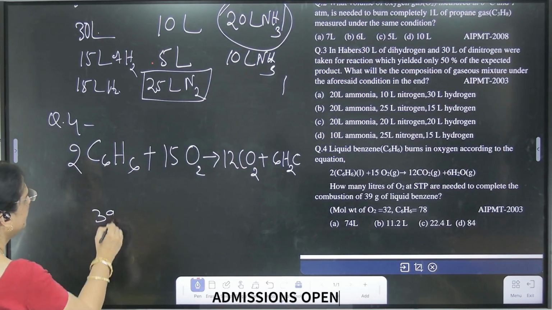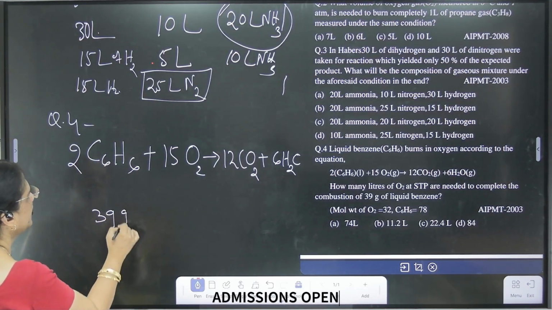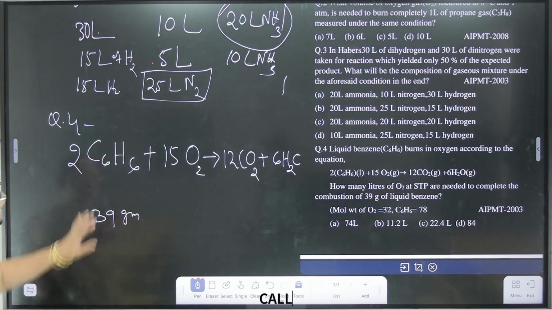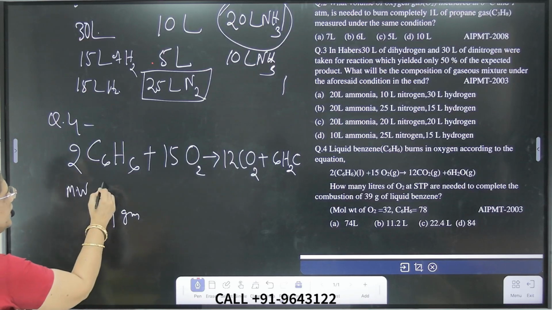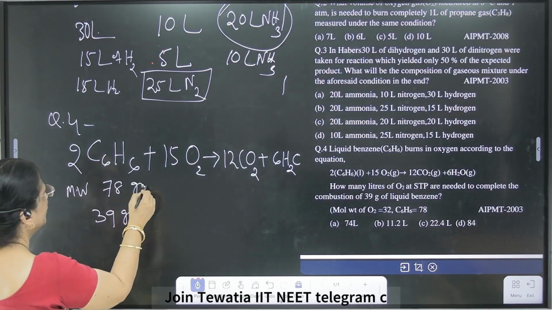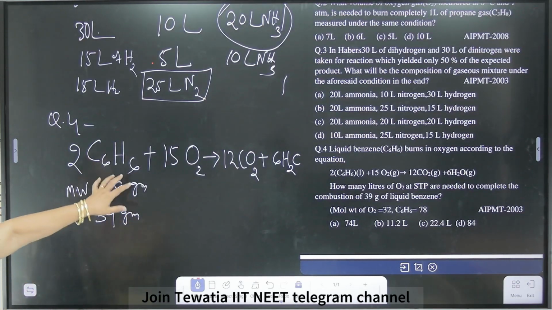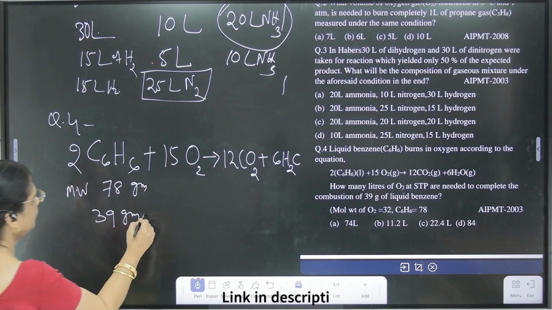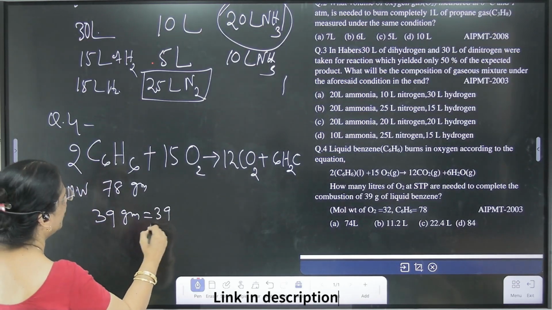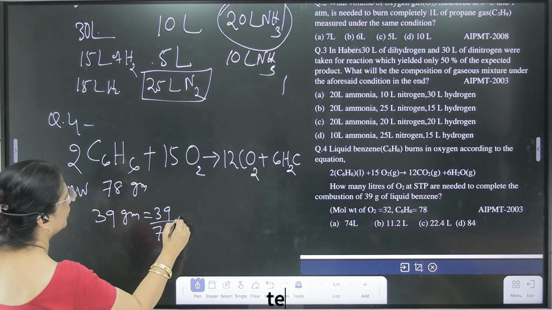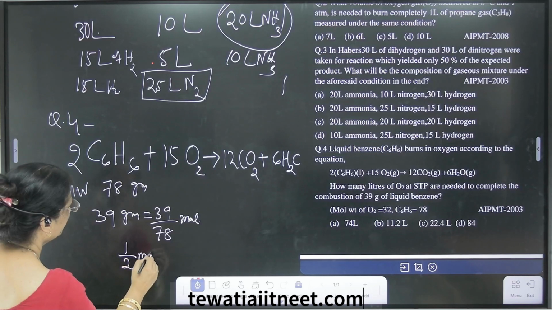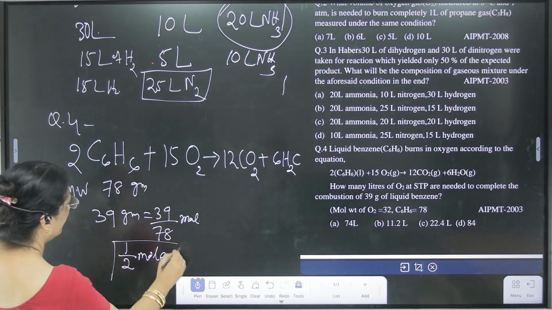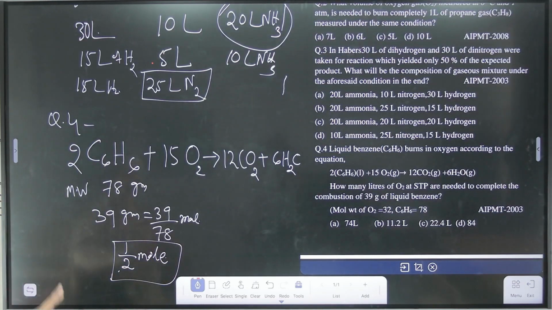So you have got 39 gram of liquid benzene. Now what is the molecular weight of benzene? That is your 78 gram. So 39 gram of benzene is equivalent to 39 upon 78 mole, that is equal to half mole. So 39 gram, half mole of liquid benzene you have taken.